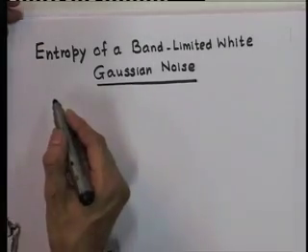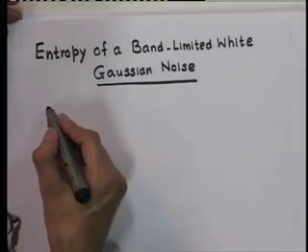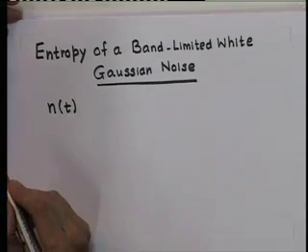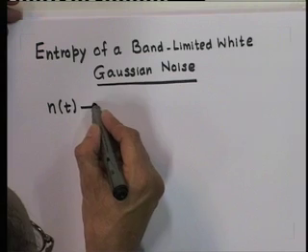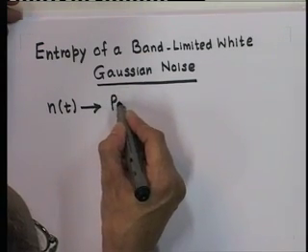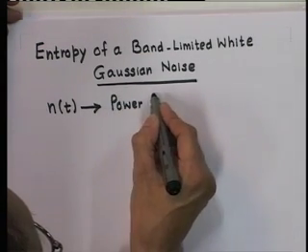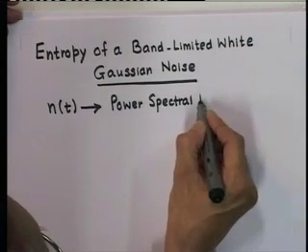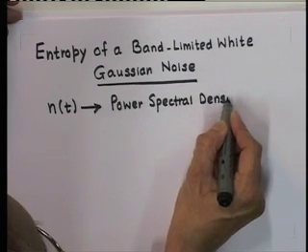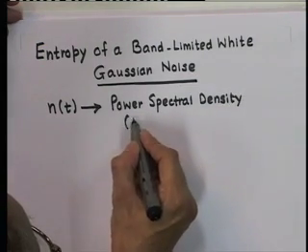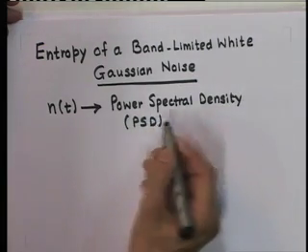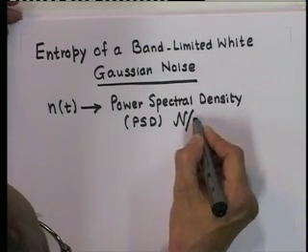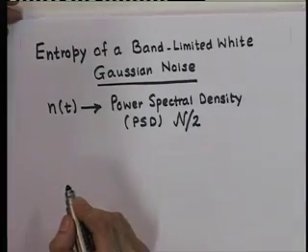Let us consider a band limited white Gaussian noise denoted by n(t) with power spectral density, that is PSD, equal to n by 2.